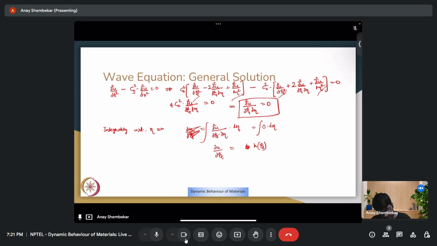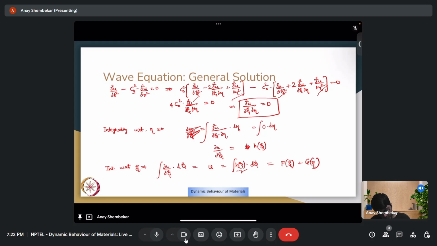And if I again integrate this with respect to theta, I end up with u, which is nothing but the integral of h. Since this is a partial derivative, we have to now account for a function of the other variable. So you end up with, say, something like F of theta as the integration of this plus some constant term, which is G of eta.